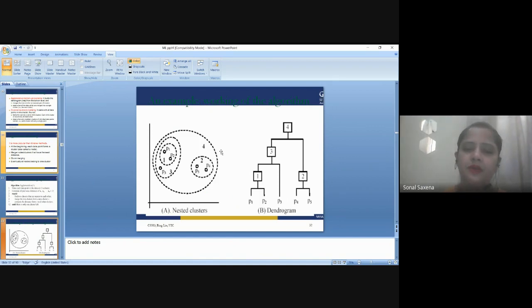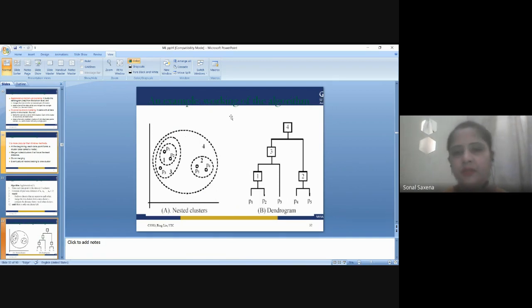Then this P1 and P2 cluster is nearer to the P3 point, so we have made a third cluster of P1, P2 together with P3. And similarly, after making this cluster, it and the P4, P5 cluster are at a nearer distance, so we have made a cluster of them again.